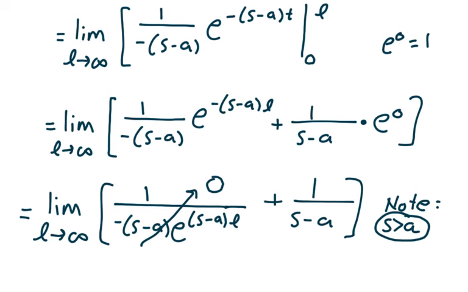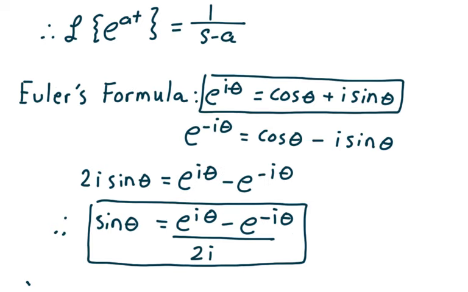And by design, we want this limit to exist. And so when we're all said and done, we get 1 over s minus a. And so what that says is the Laplace transform of e to the at is equal to 1 over s minus a.